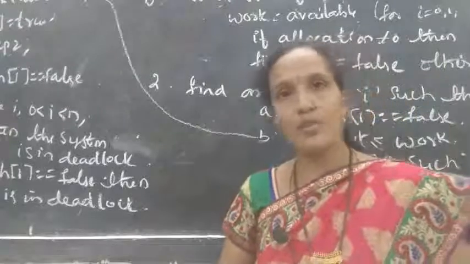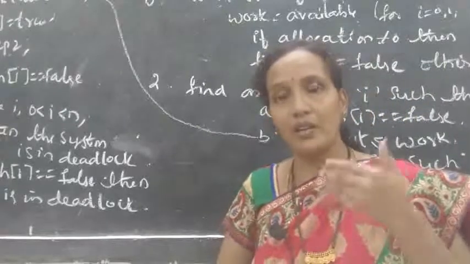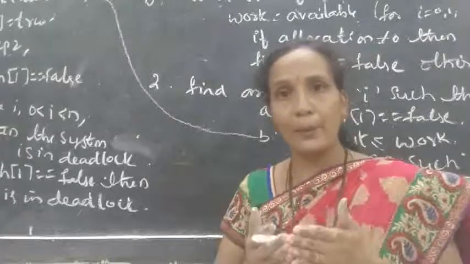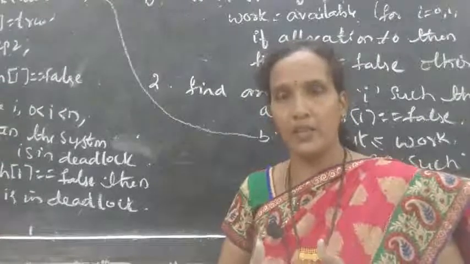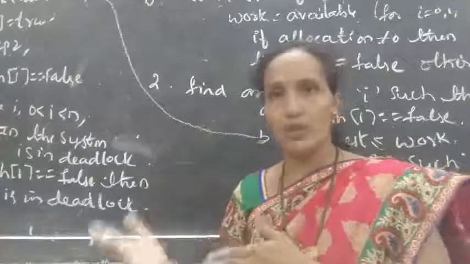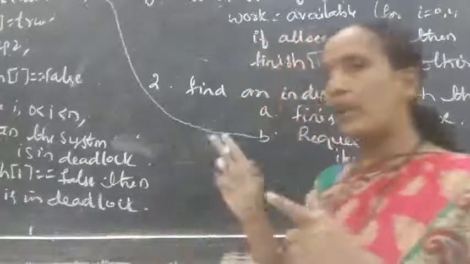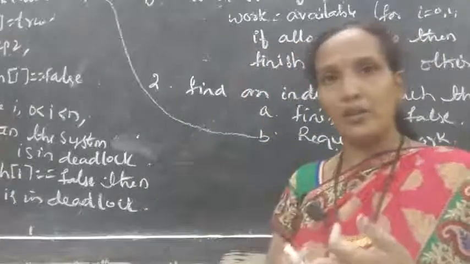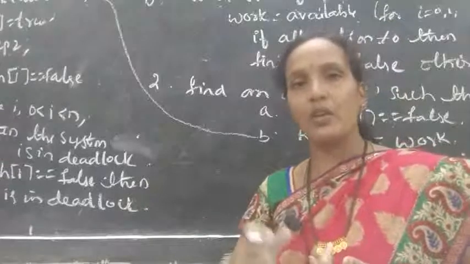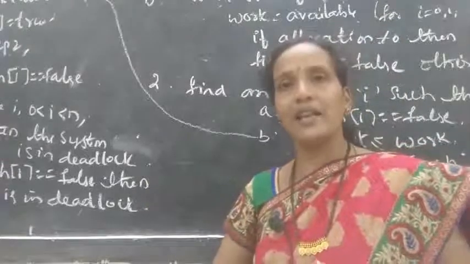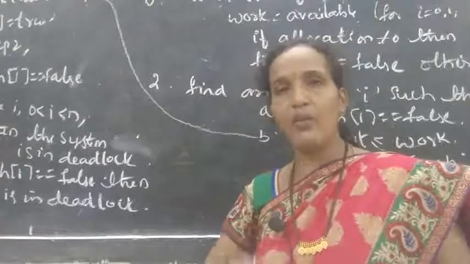So which process do we have to take? The processes which have not completed execution, that is, finish of I equals false. You need to find only those processes. In the second step, if the process has not completed execution and the resources it is requesting are less than the available, we go to the third step.